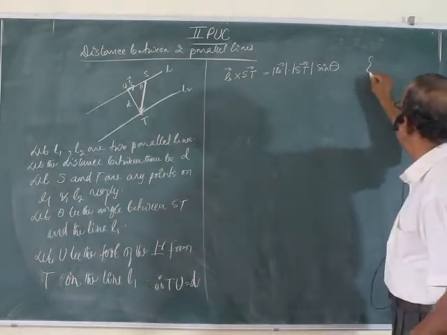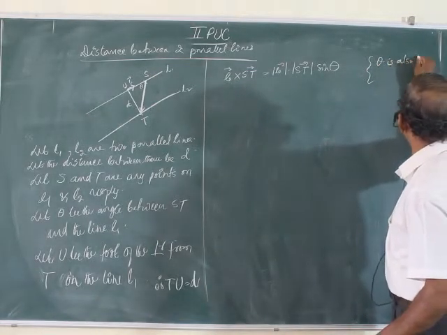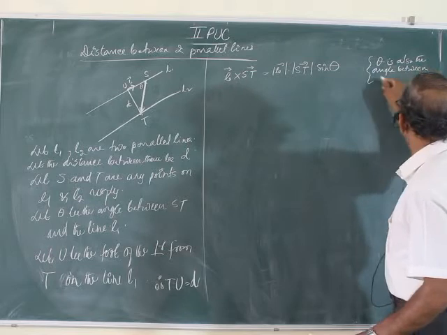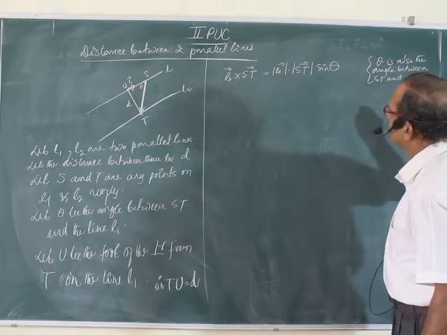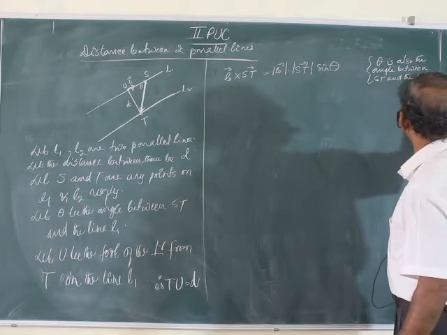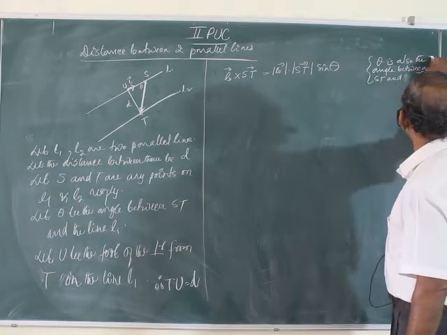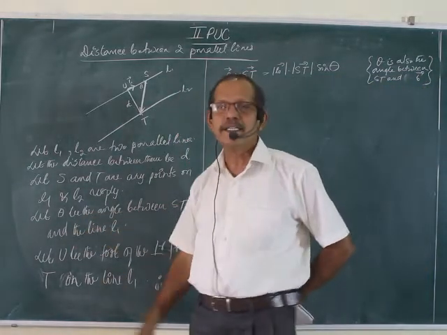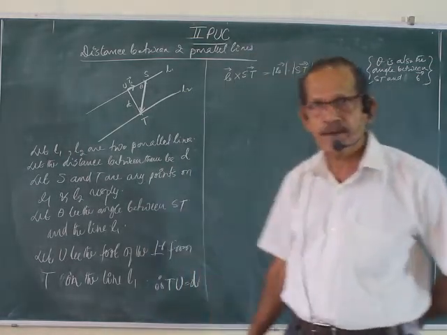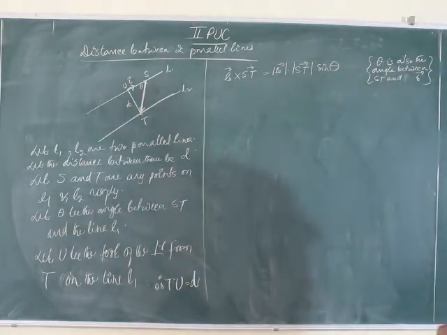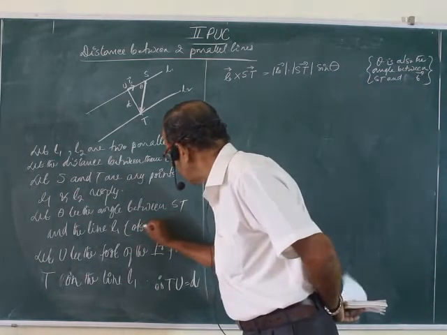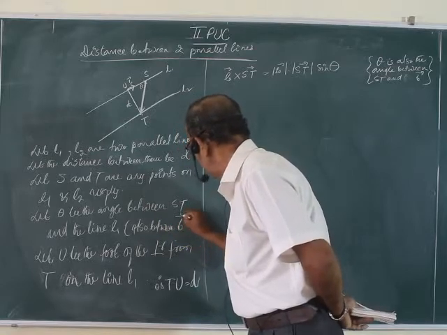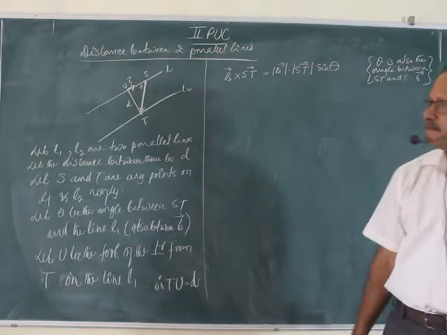Theta is also the angle between ST and the vector B. I have taken theta as the angle between ST and the line; it is one and the same, the line as well as vector B.